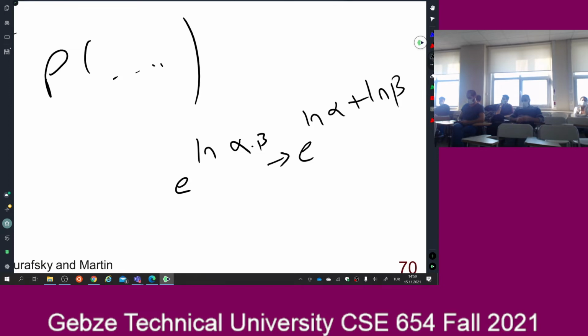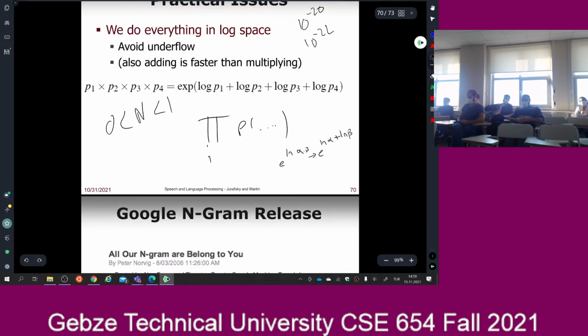Adding small numbers doesn't make the result smaller. So take the logarithms of those probabilities and add them, and finally take e to the power of that number.